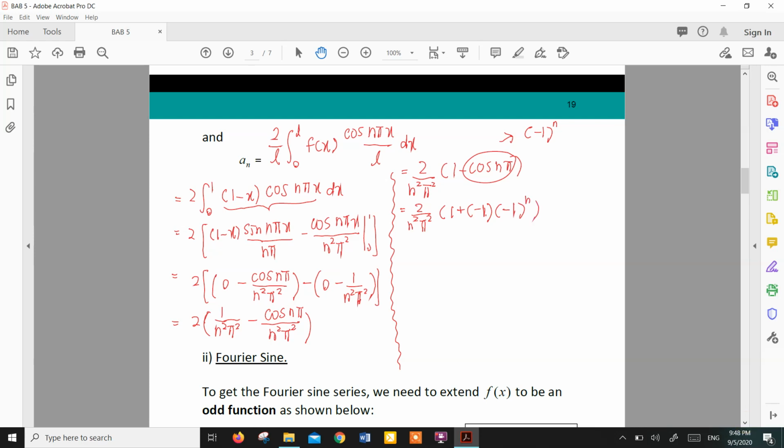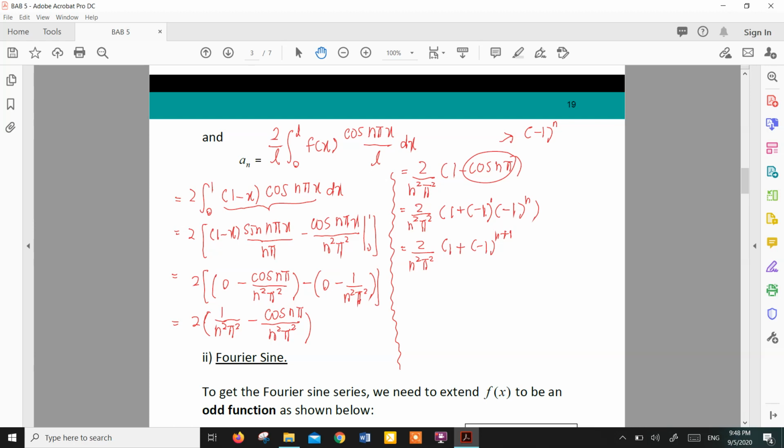Am I right? So you get 2 over n squared pi squared (1 plus (minus 1) to the power n). This one is power 1. If you have the same base, different power, then you can just add the powers, right? So you have n plus 1.